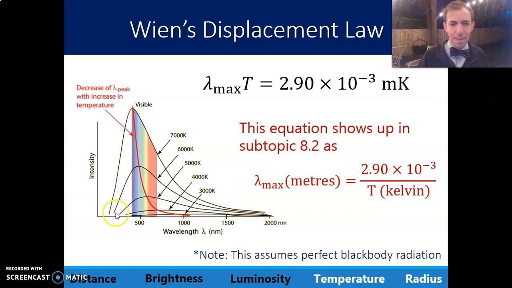But the relationship here for that peak frequency, this shape that's showing up, is this one here. Whether you present it like this or like this, it's the same thing, just multiplying temperature on both sides. Something I want to point out in the equation that's provided to you in this unit, MK is a unit, but it is not millikelvin like it looks like. Instead, it is actually meters times Kelvin to represent the wavelength in meters times the temperature in Kelvin.